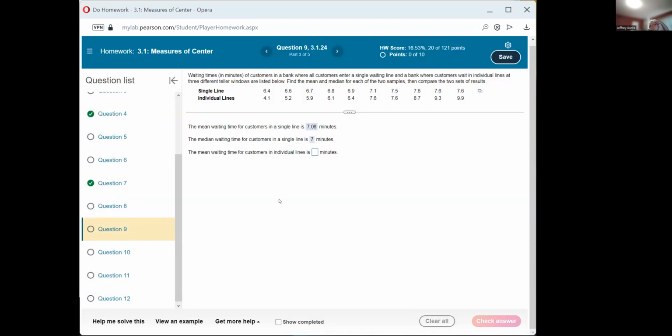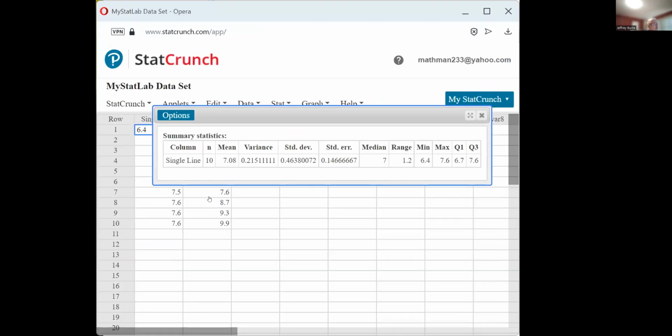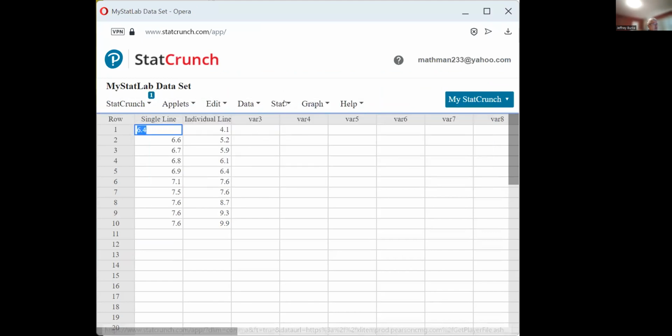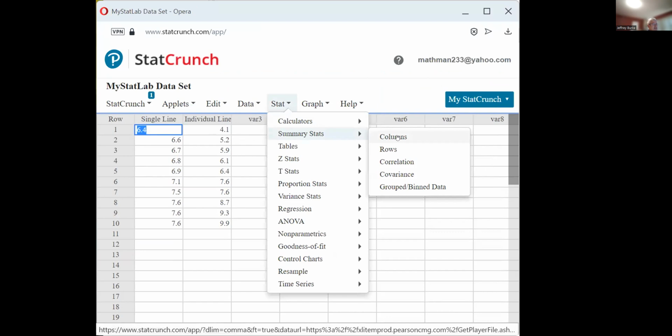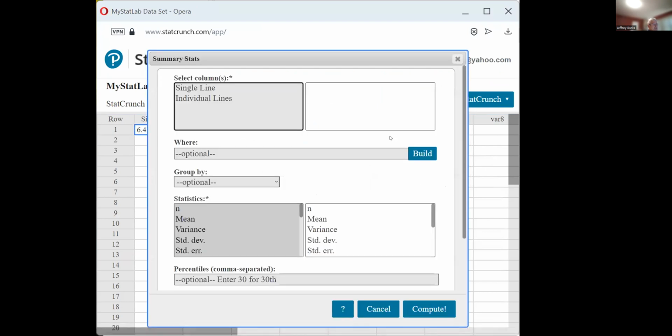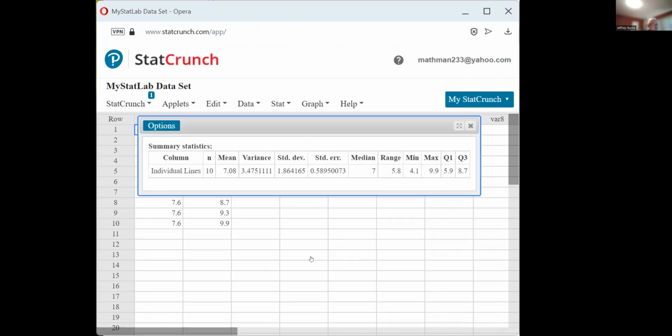Okay. And now it's probably going to ask for the median for individual lines. So let's come back to StatCrunch and find that. They go Stat, Summary Stats, Columns, go to individual lines, just hit compute.